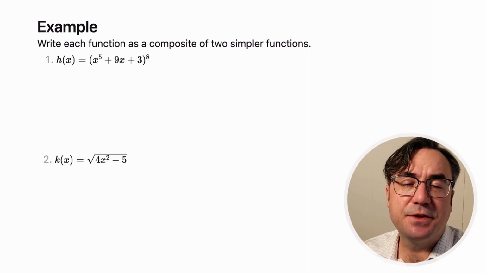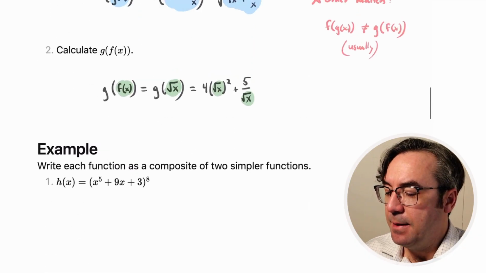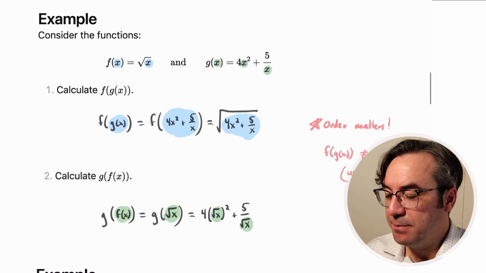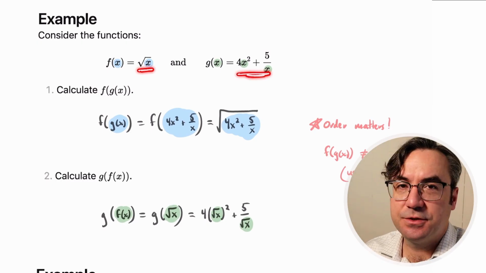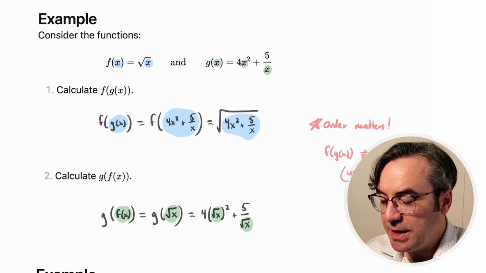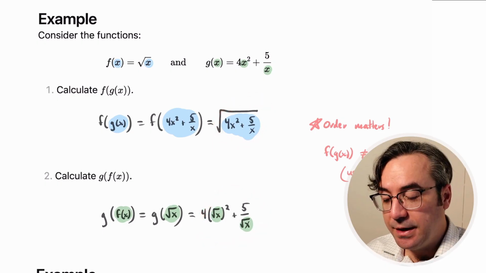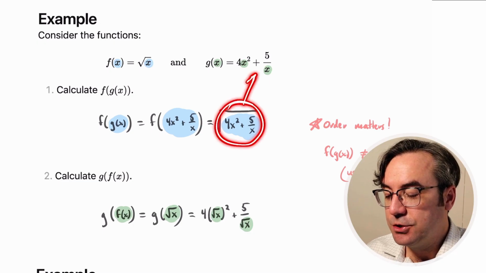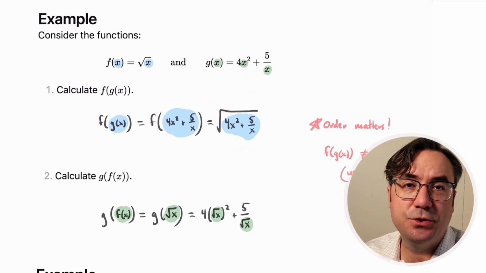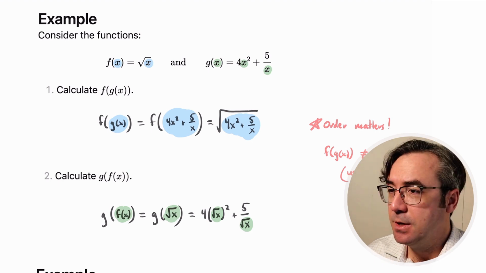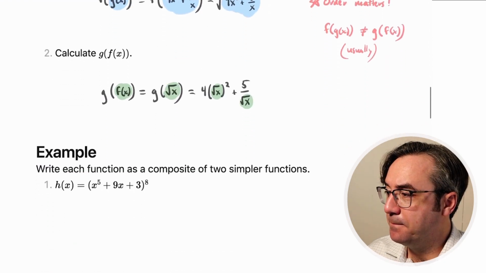So we're going to try to break this function apart. Whereas in the first example, we had the two easier functions, the two kind of pieces, and we combined them into one more complicated function. What we're going to be doing is kind of reversing that. We're going to take the complicated function and try to break it up into its two simpler functions.